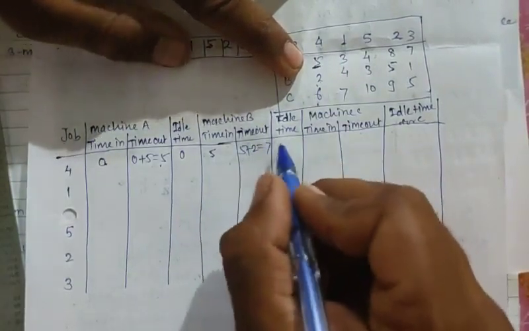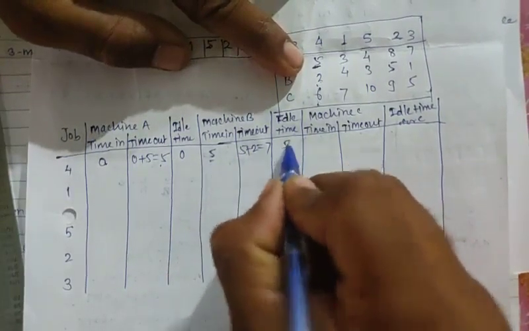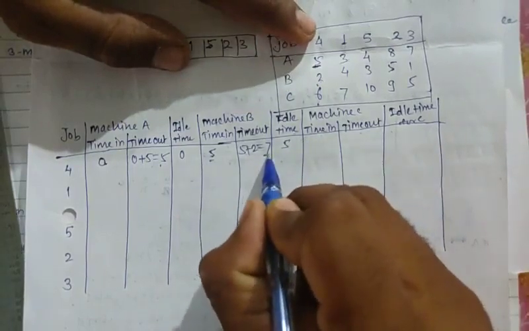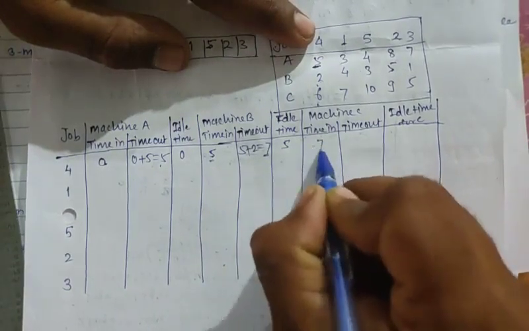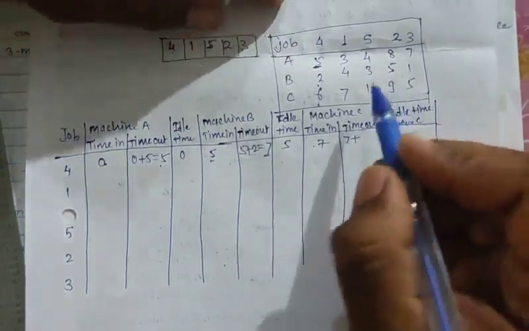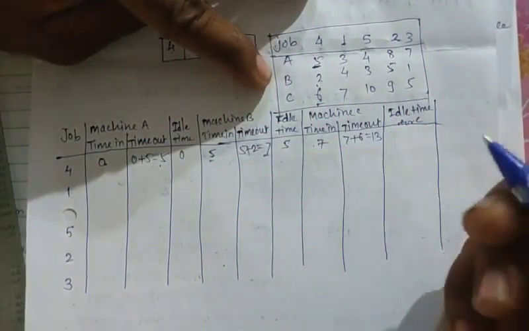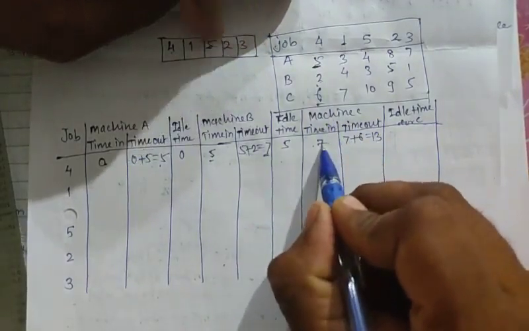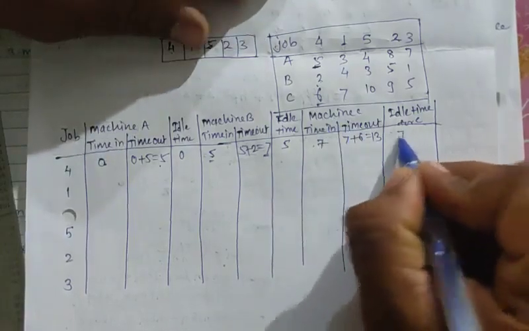Machine B is stopped for 5 hours. Now the time out of the second machine is the time in of the third machine, so it takes 7. So 7 plus 6, which is equal to 13. The time in of machine C is 7, so machine C is stopped for 7 hours. So idle time will be 7.